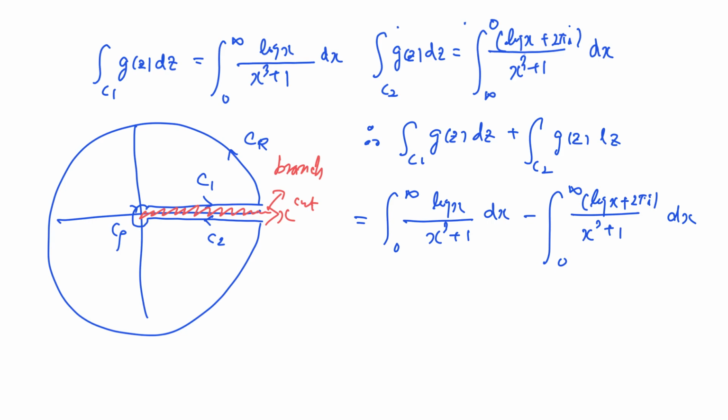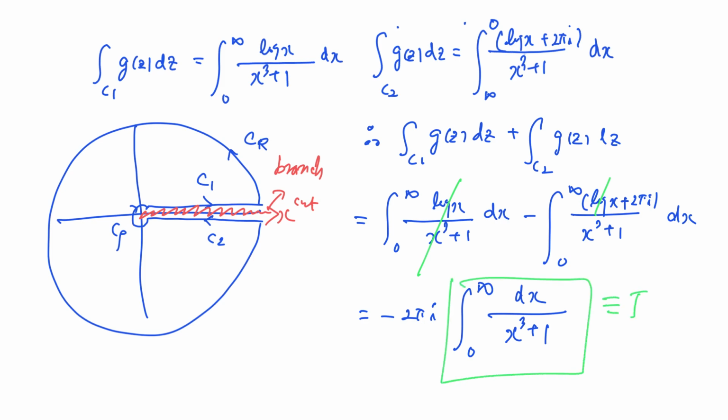We have the minus sign because we change the limit. C2 is from infinity to 0, but it can be 0 to infinity with the minus sign. So this and this cancel each other. It becomes minus 2 pi i times the integral from 0 to infinity of 1 over x cubed plus 1 dx. And this is what? Our example, right?